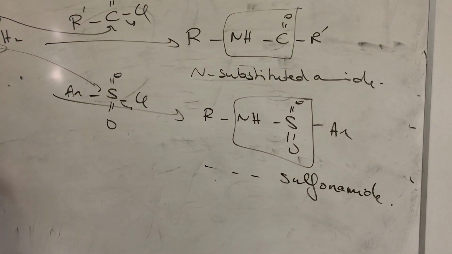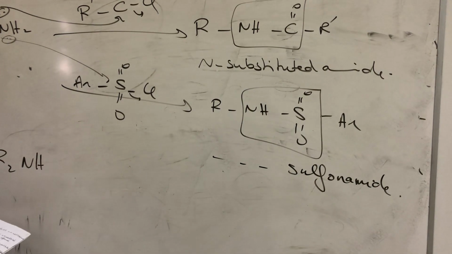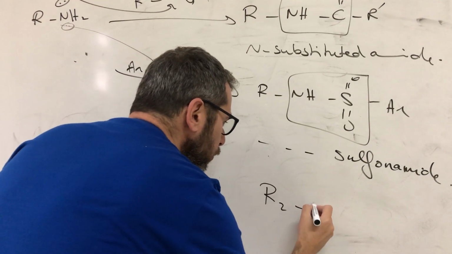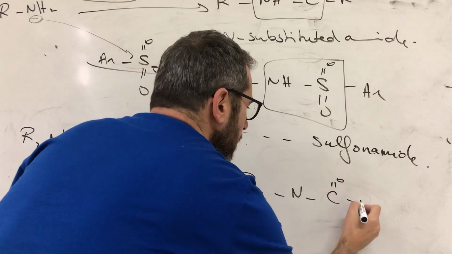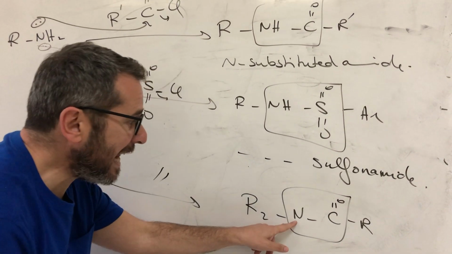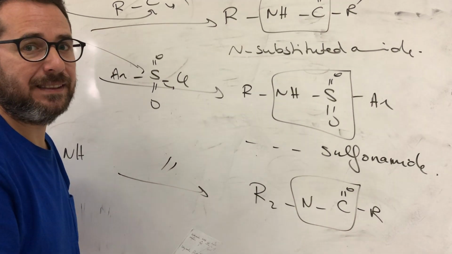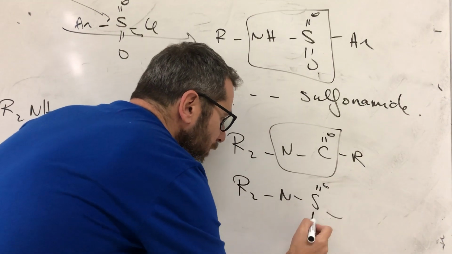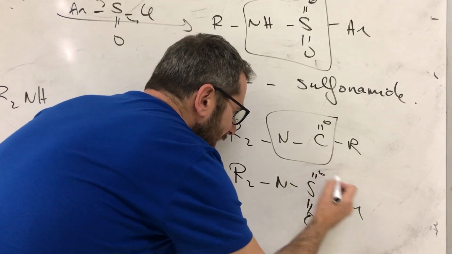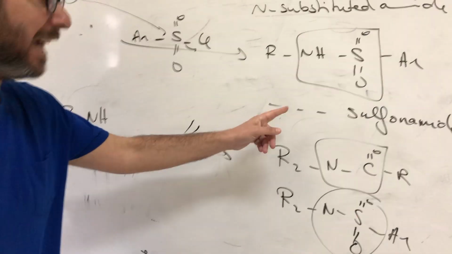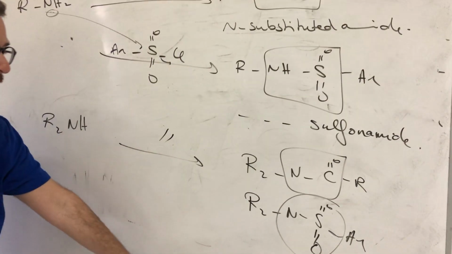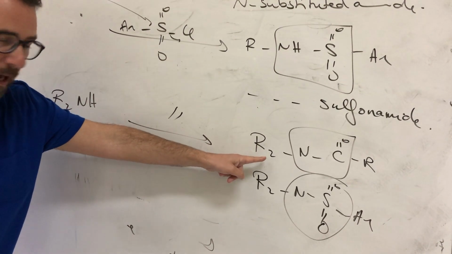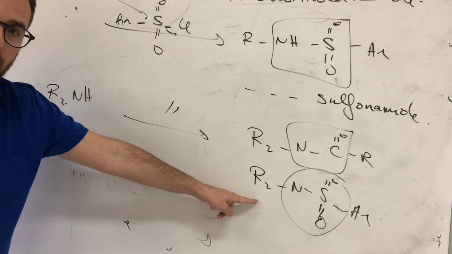Now what will happen if it is a secondary amine, R2NH? Same. I will obtain in the first one R2NCOR', an N,N-disubstituted amide. And in the second one, I will obtain R2NSO2 aromatic, an N,N-disubstituted sulfonamide.